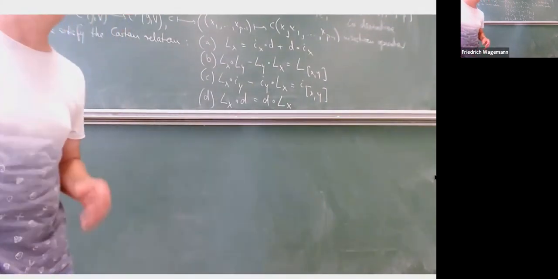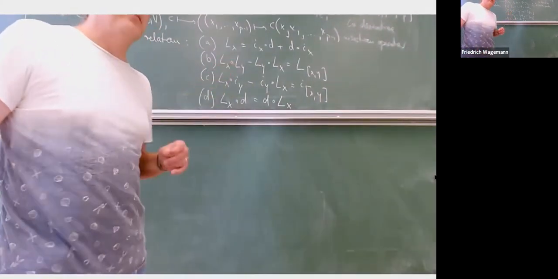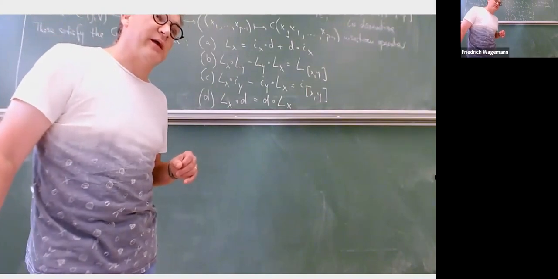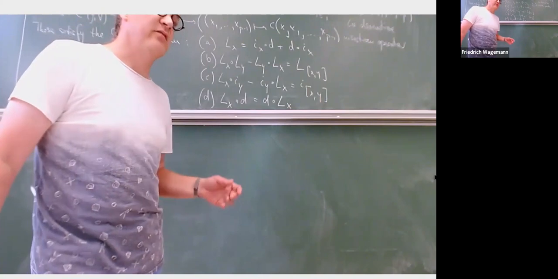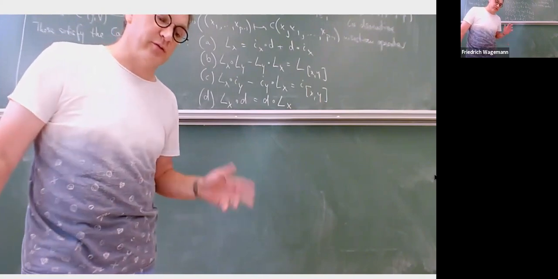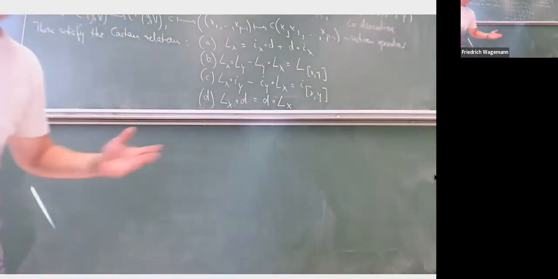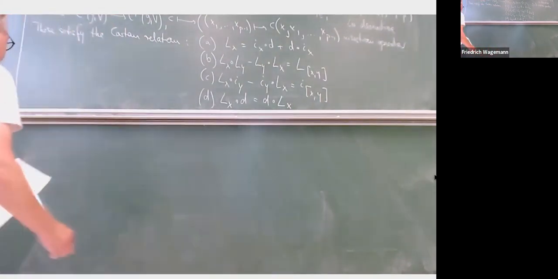For example, for the case of Leibniz algebras, the same relations are true, and they are shown in the framework of left Leibniz algebras in the thesis of my student Simon Covès, which is available on the internet. So you can get them from there.